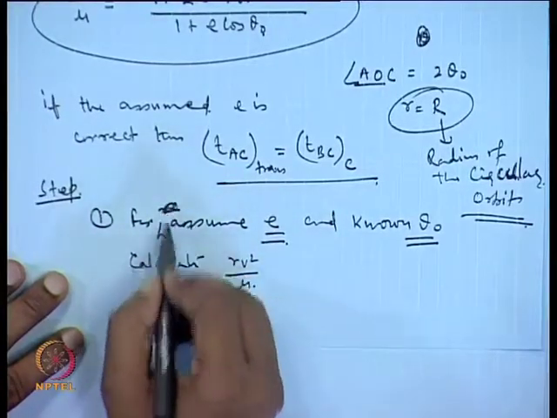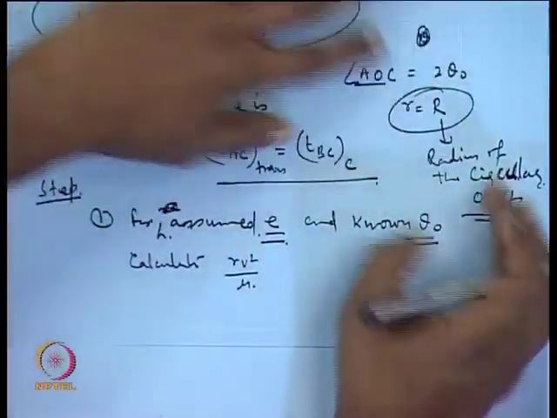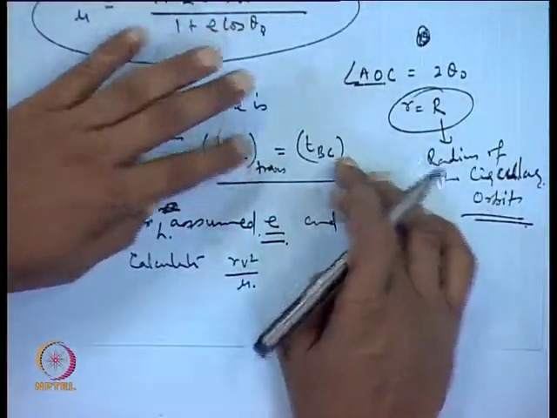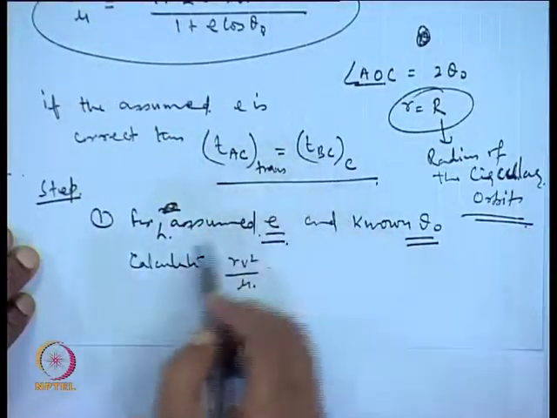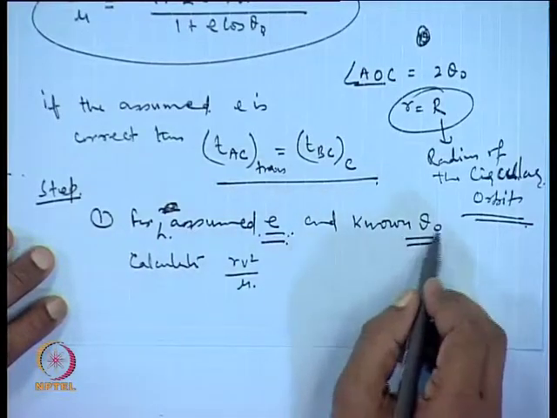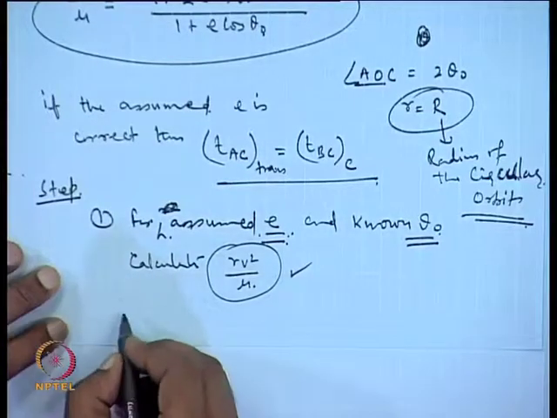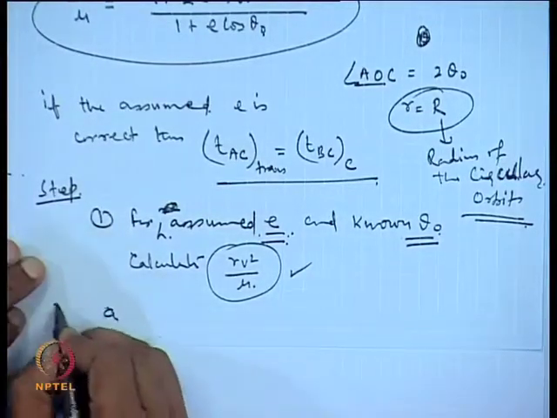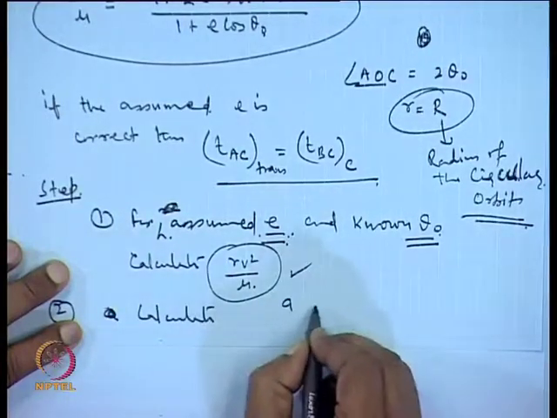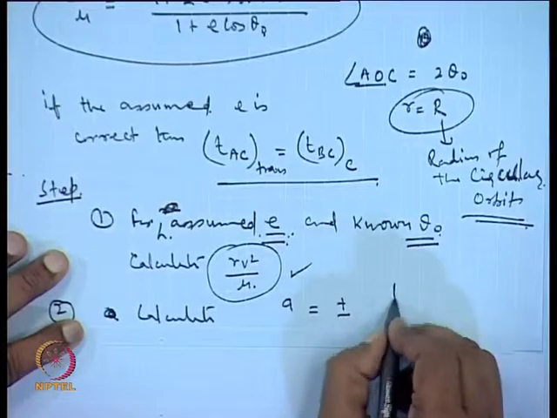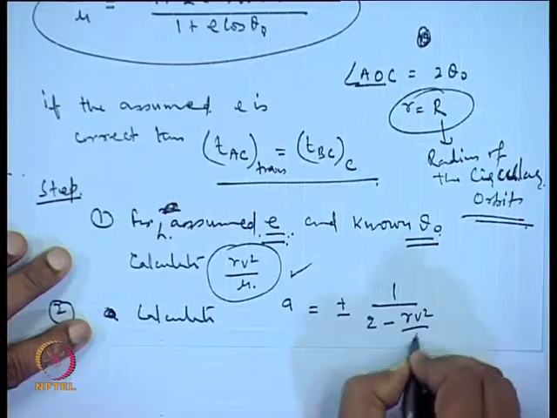Okay. For the reassumed value of E, if this is not matching the TAC and TBC, then you repeat this again. Okay. Once you find that these are matching, then for the assumed value of E and known theta 0, calculate r v square by mu, and then obviously you can calculate A. So, the next step will be calculate A, which is given by the equation r divided by plus minus 1 by 2 minus r v square by mu.